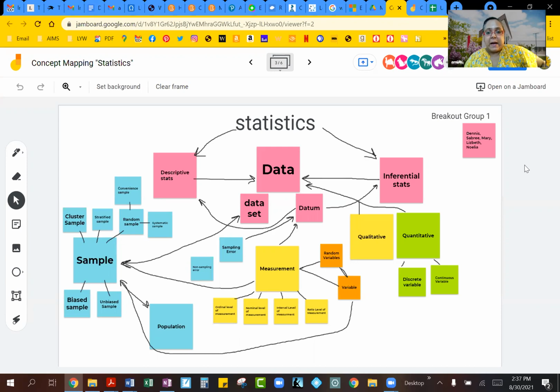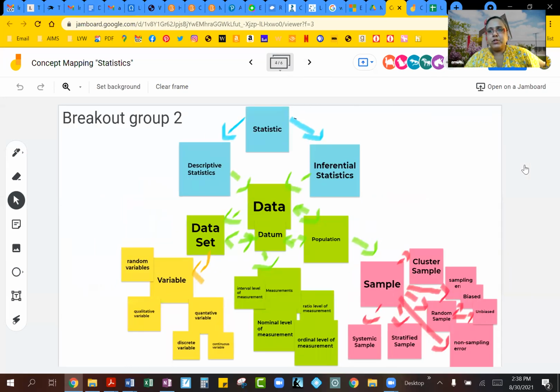I kind of like the way you guys did this, and I know there was a little confusion with your group and group number 3 working on the same page initially, so you will probably see a little bit of an overlap in the way the concept map looks, but overall I think you guys did a good job. All right, how about we move on to group 2?